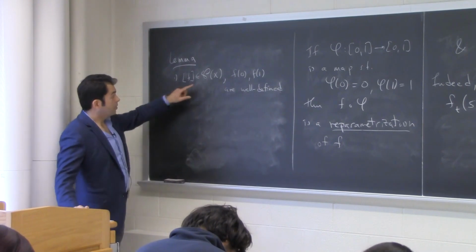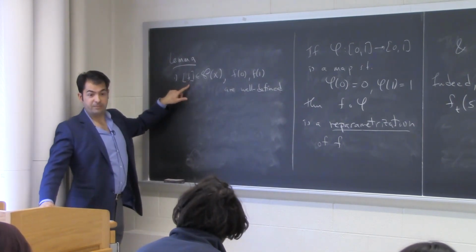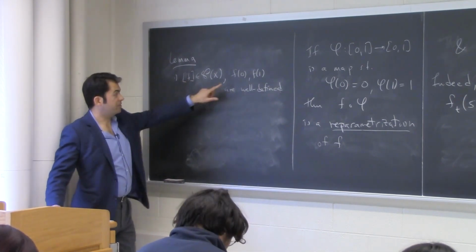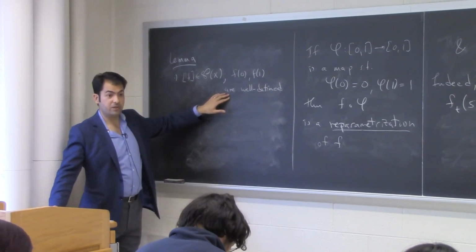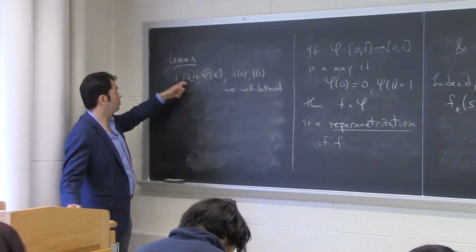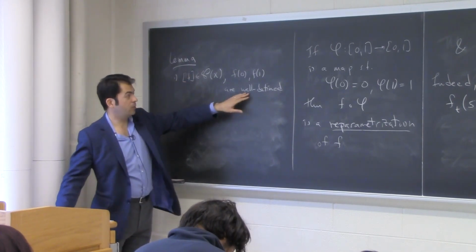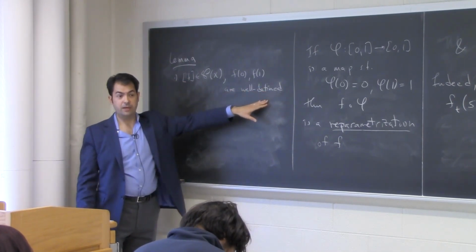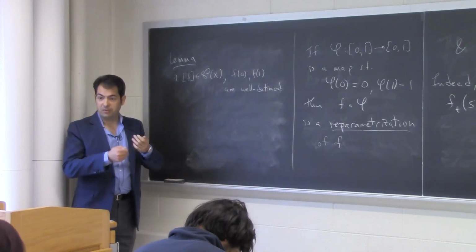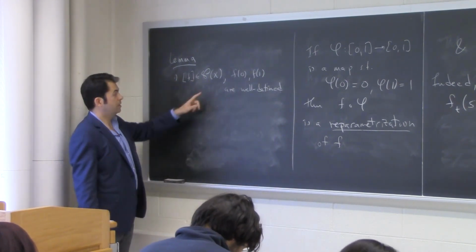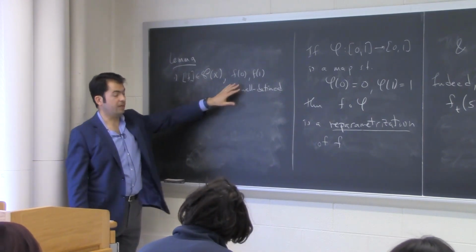You pick a representative F and look at its endpoints. Well defined means it didn't depend on the choice. This is trivial from the definition of path homotopy. Path homotopy fixes endpoints, so anybody in the class has to have the same endpoints.